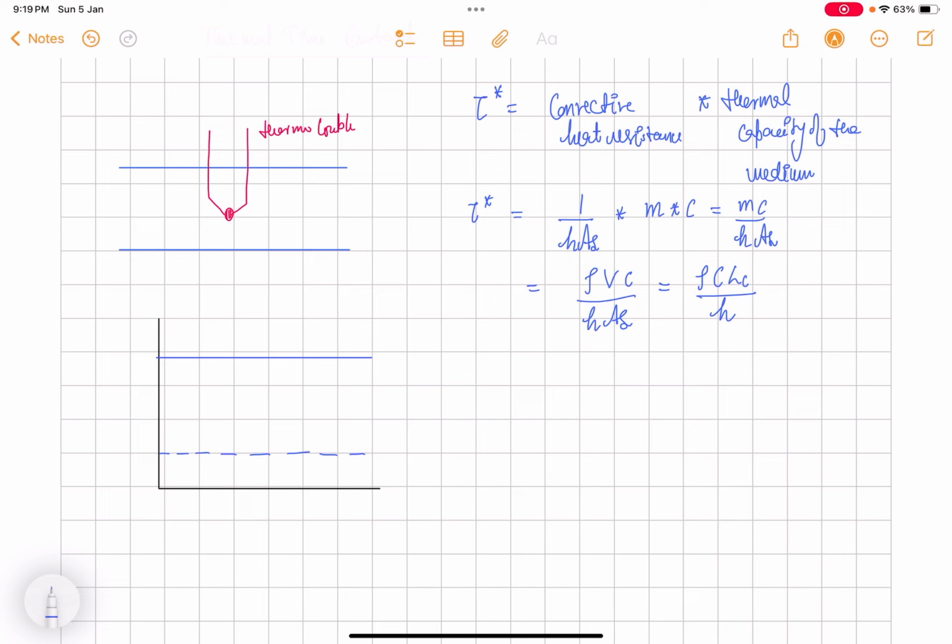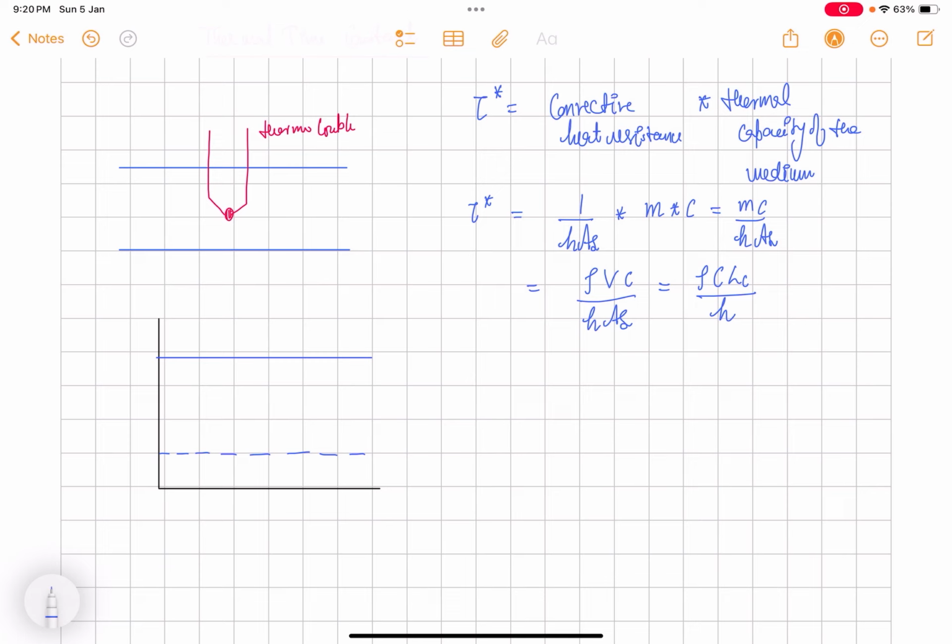Also the characteristic length should be small, meaning the dimension characterizing the body should be small in size compared to the other dimensions of interest for the heat transfer, right?